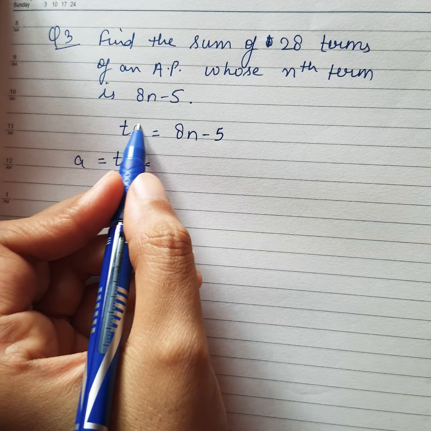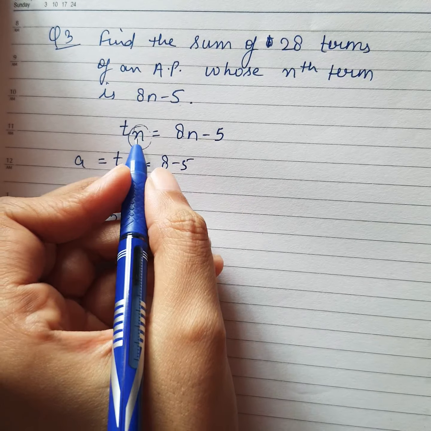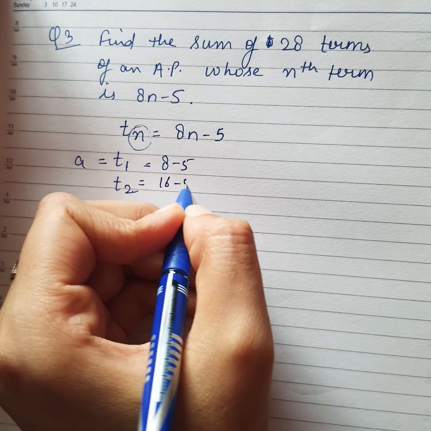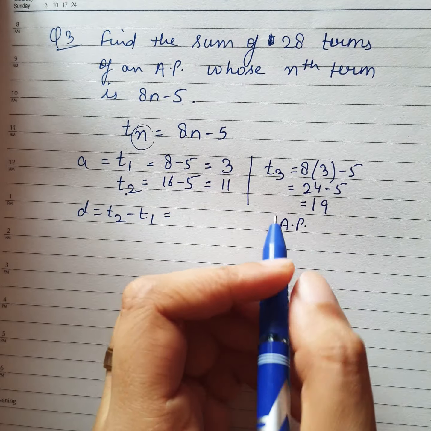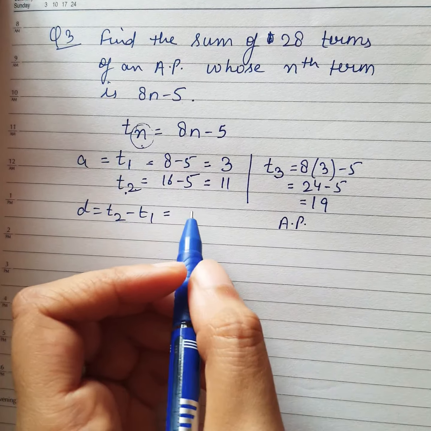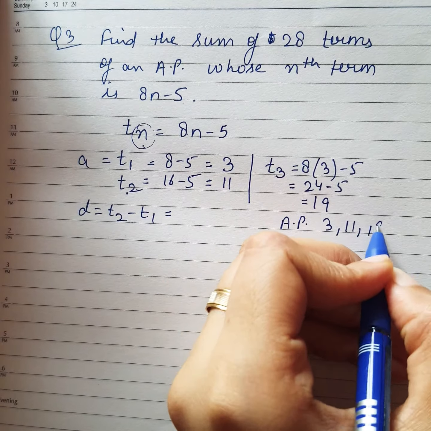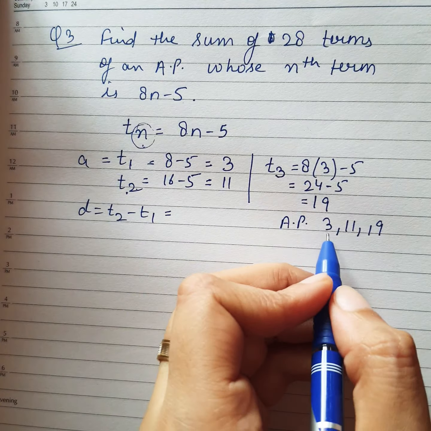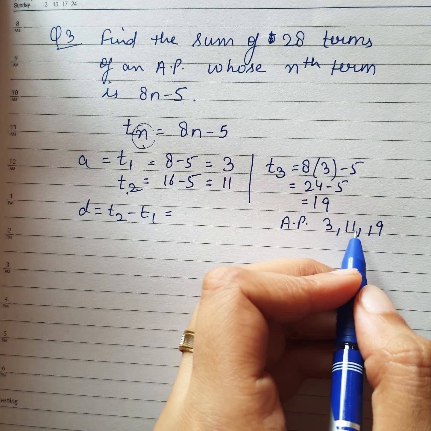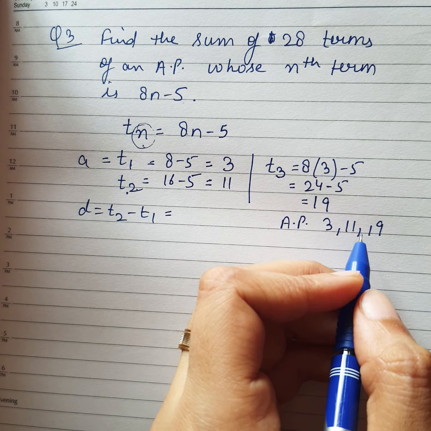So T1, when n is 1, is 8 minus 5, T2, when n is 2, is 16 minus 5. I have found T3 also, just to check whether this is in AP or not. So the terms are 3, 11 and 19, and before we proceed let us check that 11 minus 3 is the same as 19 minus 11.